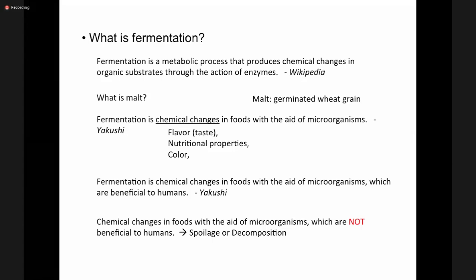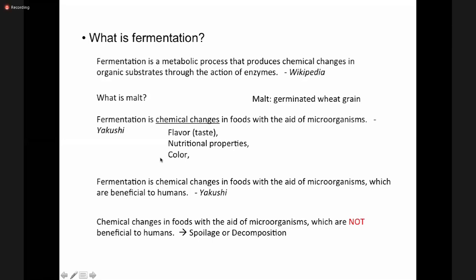Another important chemical change is nutritional properties. If something is difficult for our body to degrade, a microorganism may help with degradation or intake into our body. Another important chemical change may be color.